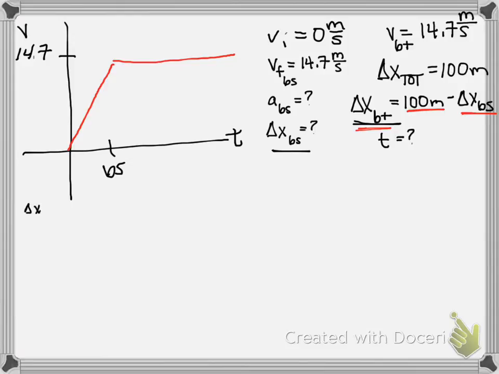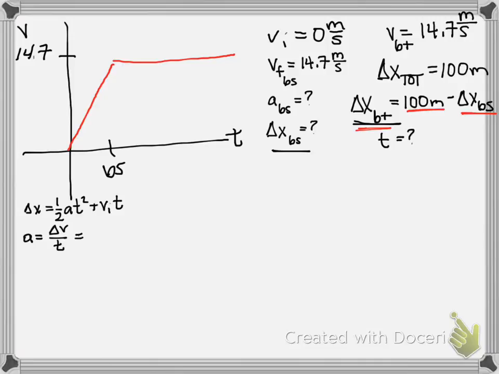Delta x equals 1/2 at squared plus v initial t. The problem with this is that I don't know what the acceleration is yet. So I'm going to have to use a second equation. Let's say acceleration is delta v over t in order to find out what that acceleration is so that I can use the first equation.